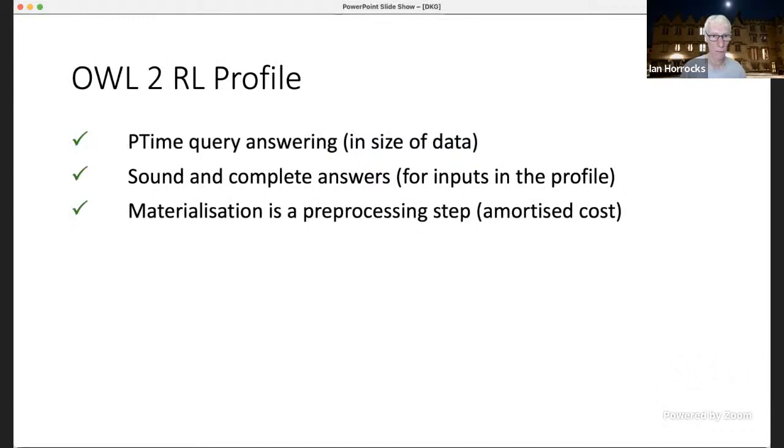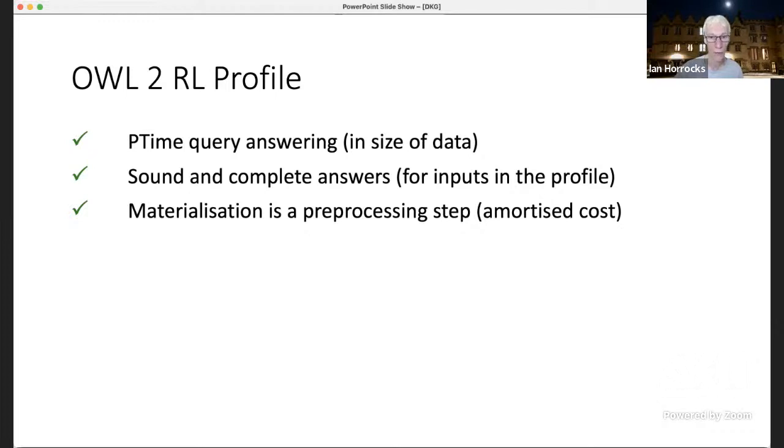So this is PTime in the size of the data, which obviously isn't as nice as log space, but it's still tractable in the sort of formal sense. And this materialization process is guaranteed to give me sound and complete answers. And another nice feature is that materialization is a pre-processing step.